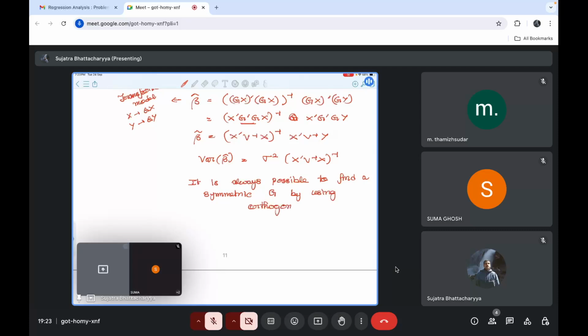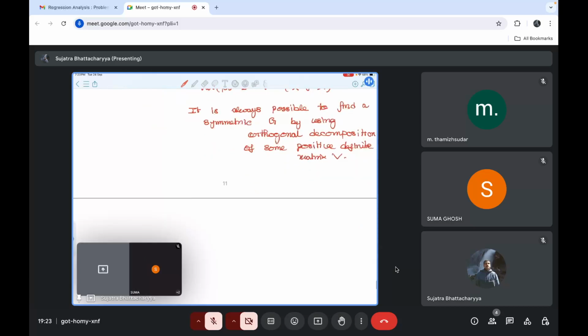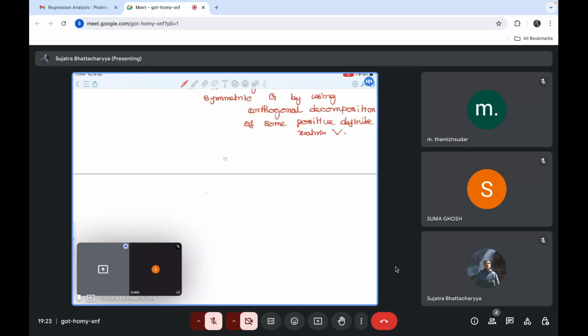What is orthogonal decomposition? I will write: decomposition of some positive definite matrix V. Okay, that's the thing. So how to do the orthogonal decomposition is like this.